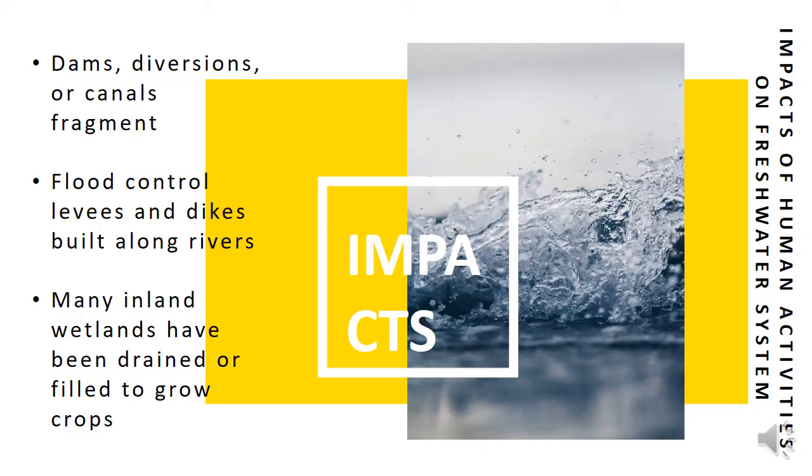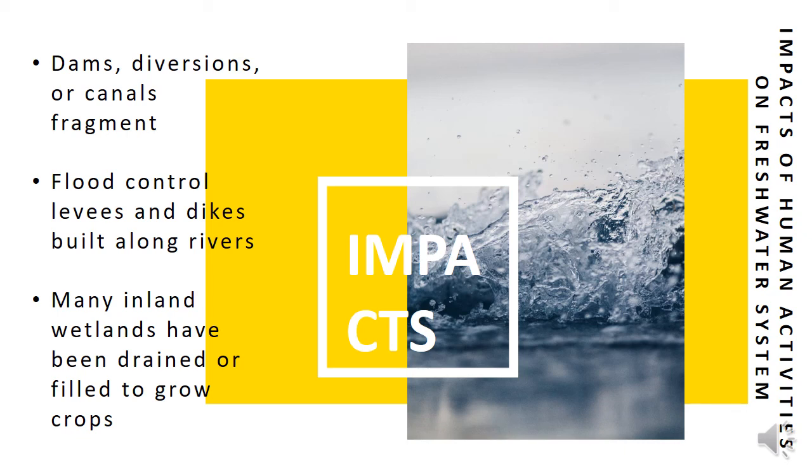What are the impacts of human activities on freshwater systems? First, dams, diversions, or canals fragment almost 60% of the world's 237 large rivers, according to a 2000 study by the World Resources Institute. This alters and destroys wildlife habitats along rivers and in coastal deltas and estuaries by reducing the water flow.